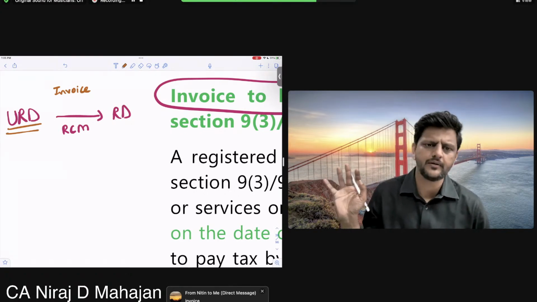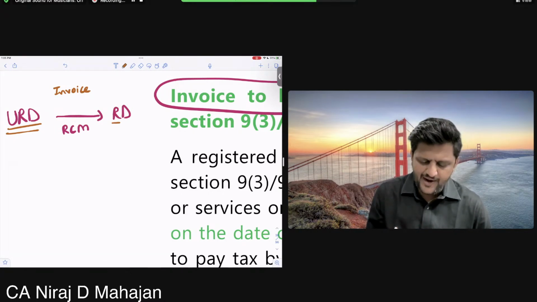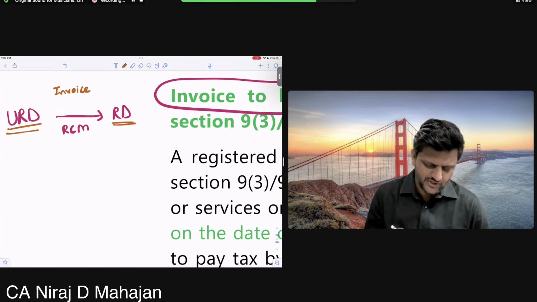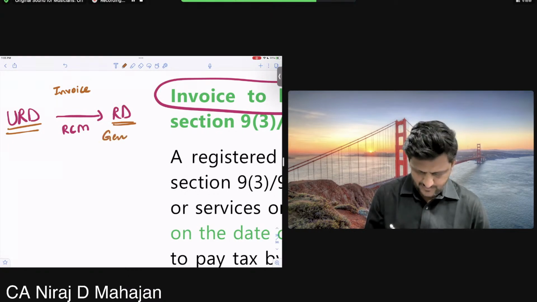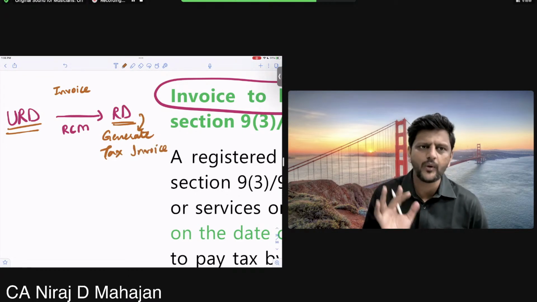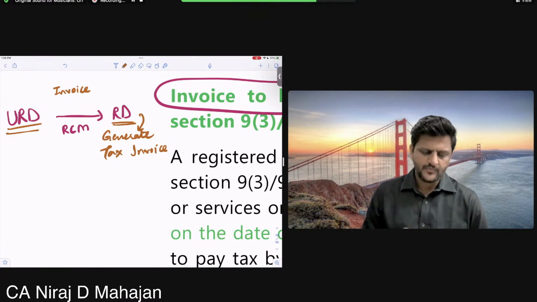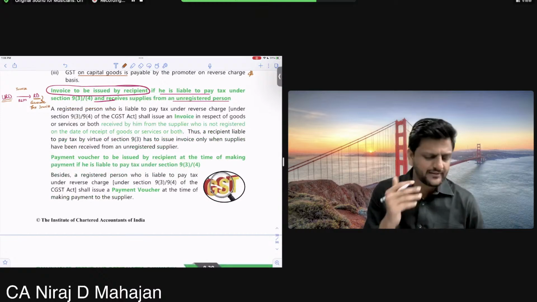Clear everybody? So here the RD will have to generate a tax invoice. Who? RD, the recipient. Why? Because the tax was payable on RCM basis. So invoice to be issued by the recipient.